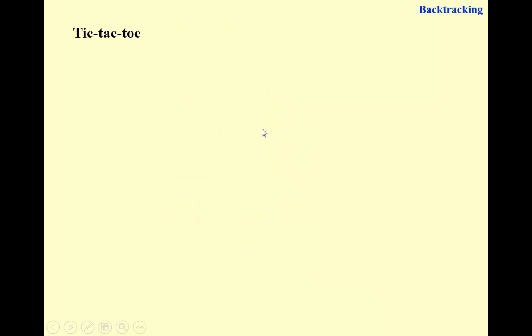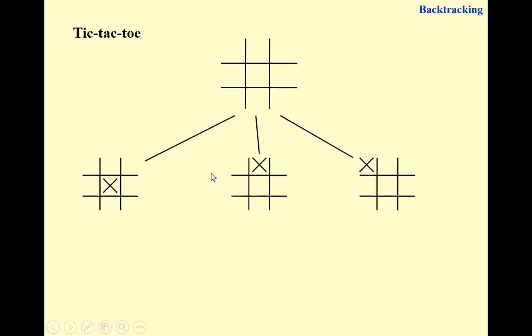And the game tree for this game is like this. We start from an empty board. And the first move is given by the computer to place a cross. And there are 3 distinct possible places to go. I say distinct because although it looks like we have 9 options, we actually only have 3.